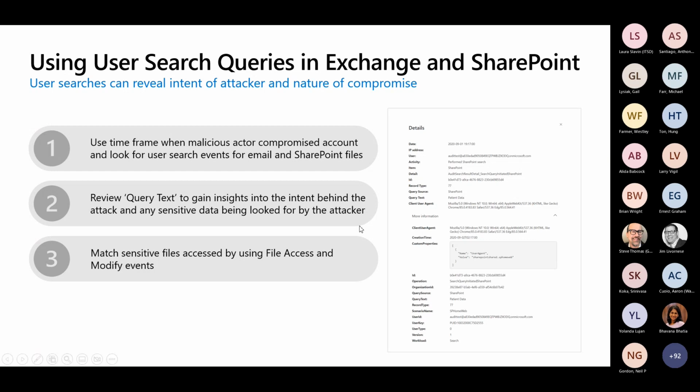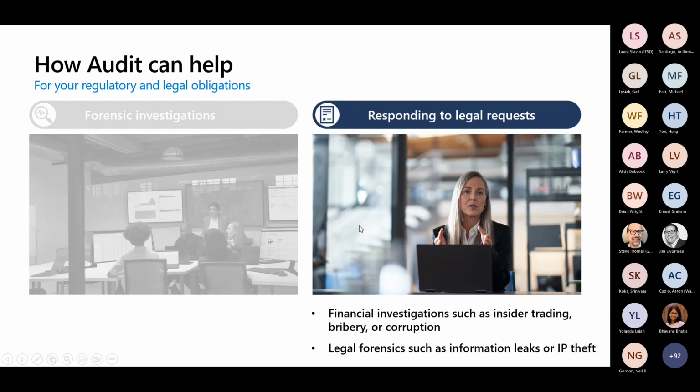Now, in addition to forensics investigations, as we dived into how you can look at that granularly and get a good grip on the blast radius of those forensics investigations, you also have the capability of using Audit and Audit Premium to respond to legal requests.